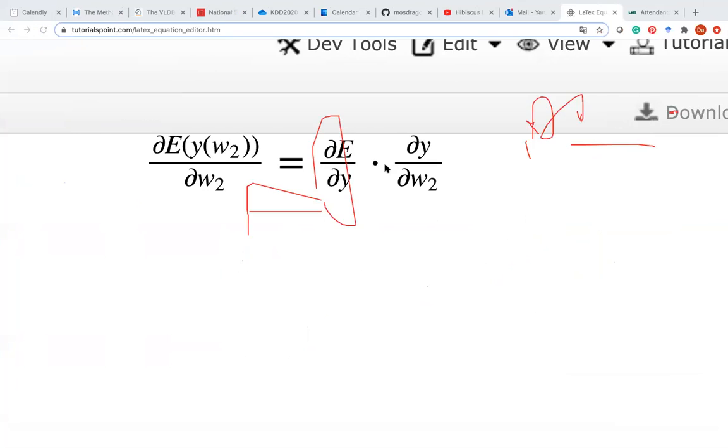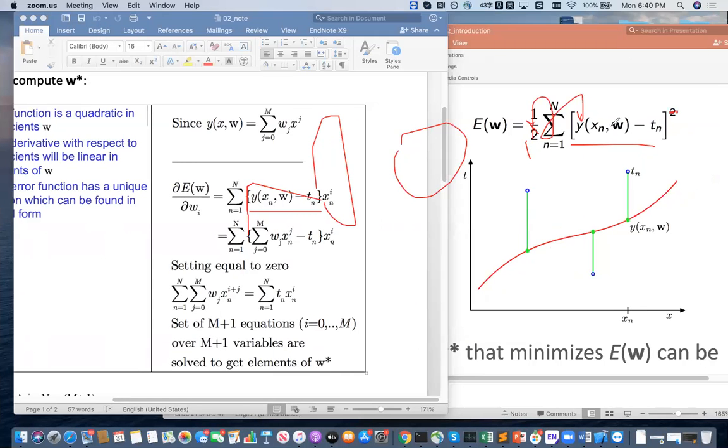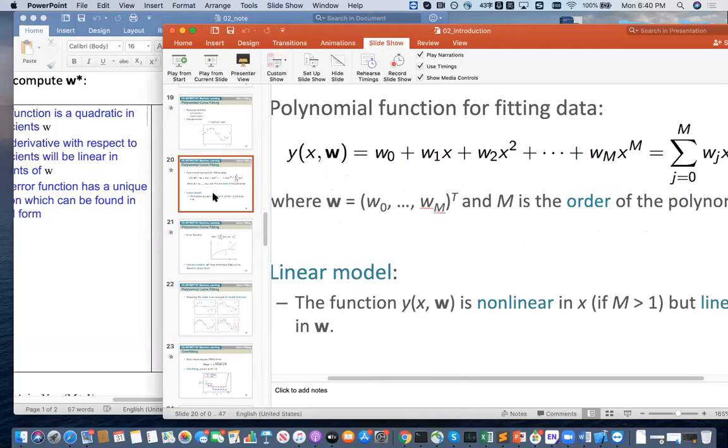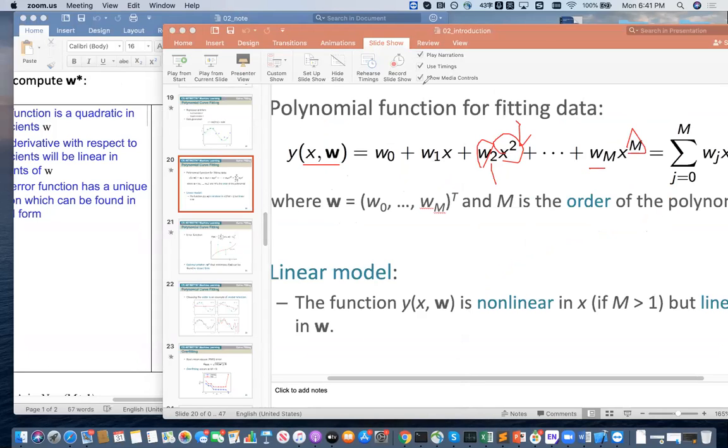The second part of the chain rule is the derivative of y with respect to w2, okay? So what is y? Maybe this will be clear. This is y, right? And w2 is here. Then take the derivative with respect to w2 of x squared. For each i, the relevant term is x to the power i.